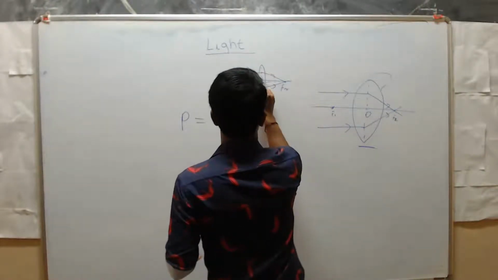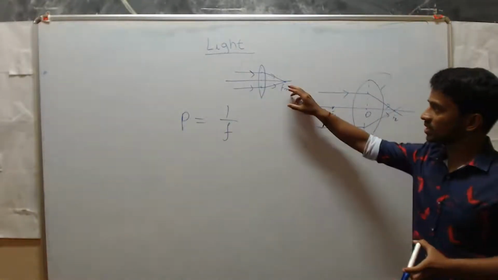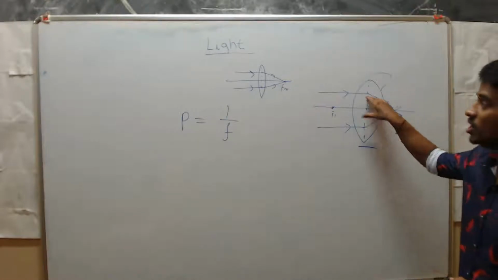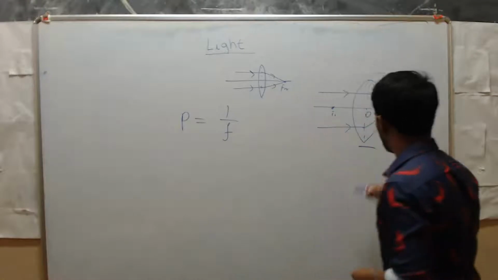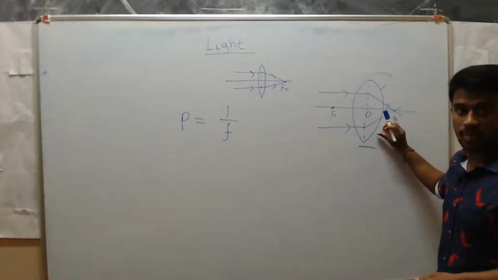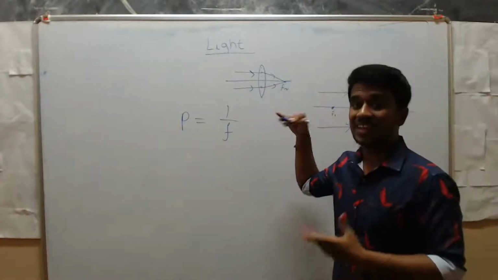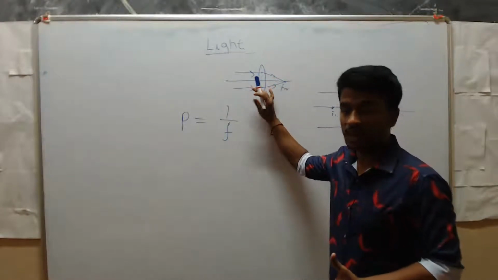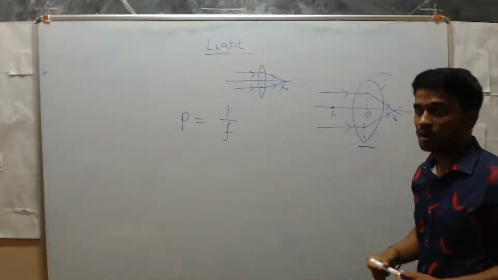Here the rays are bending with shorter angles. So this lens has more capacity to bend the rays with larger angles, and this lens has less capacity to bend the rays with shorter angles. That's why we can say that this lens has more power.